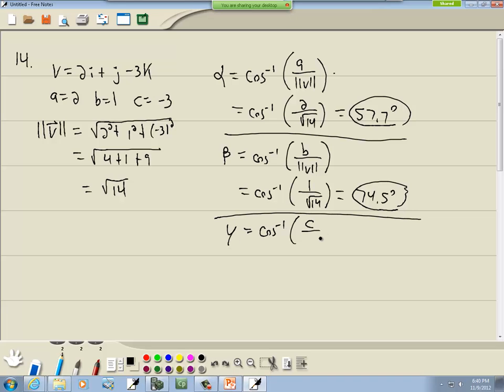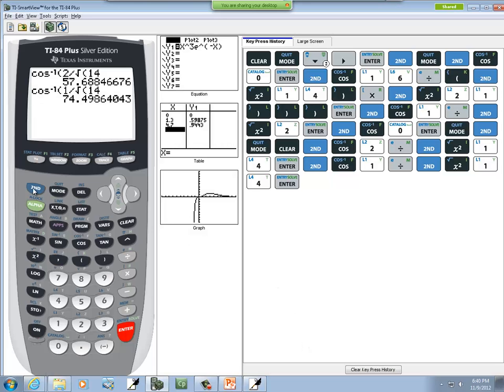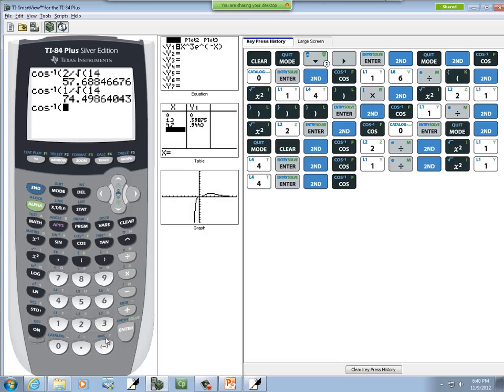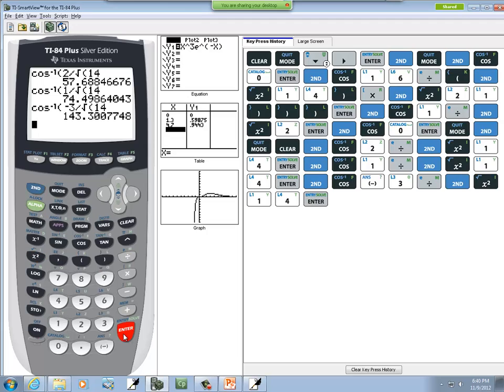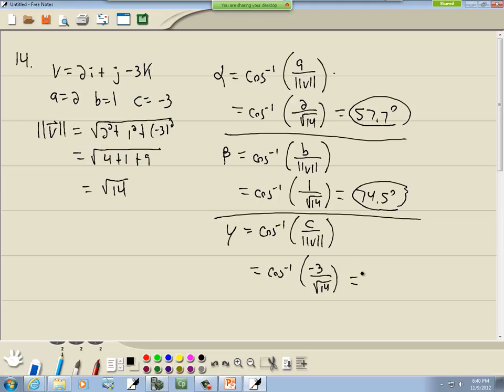Got C over the magnitude of v. C is negative 3 over the square root of 14. Inverse cosine of negative 3 divided by the square root of 14, and we get 143.3. And that would be our third answer.